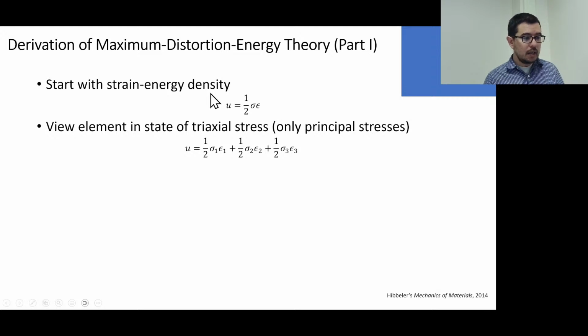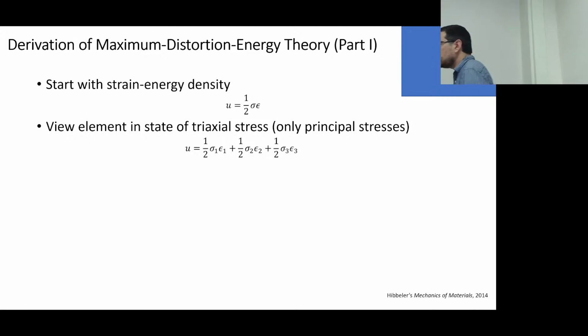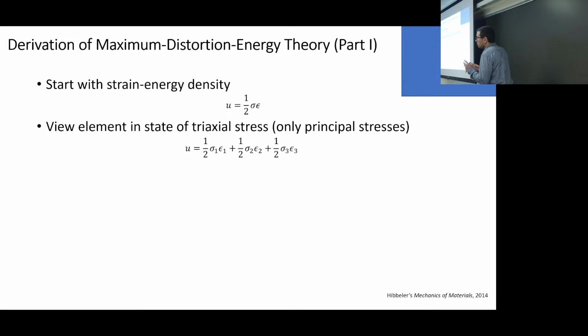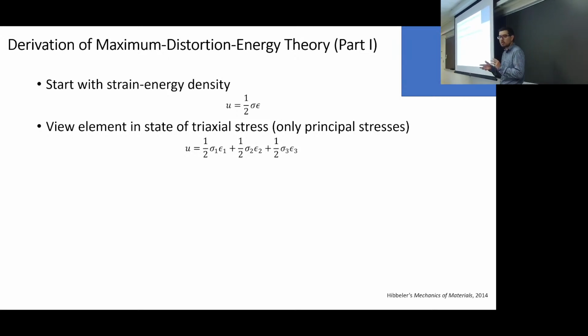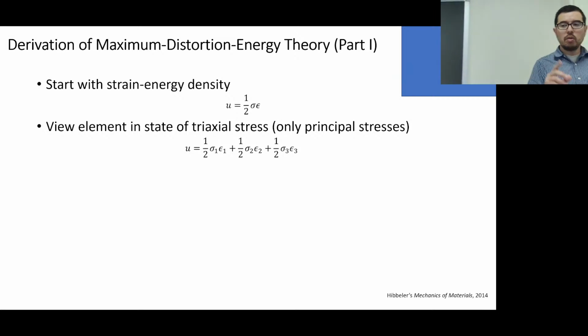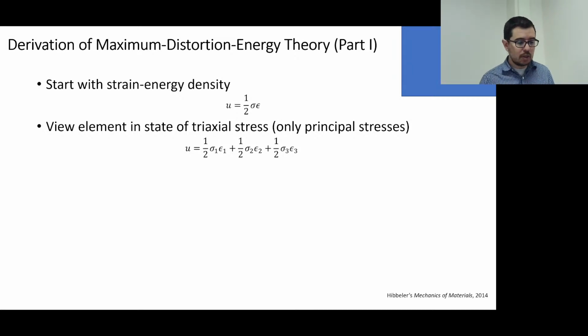Remember, we're not saying sigma 1, sigma 2, and sigma 3 are equal to each other. You could always get to a state of principal stress in 3D, the state of triaxial stress, where there are no shear stresses on the sides of this cube.